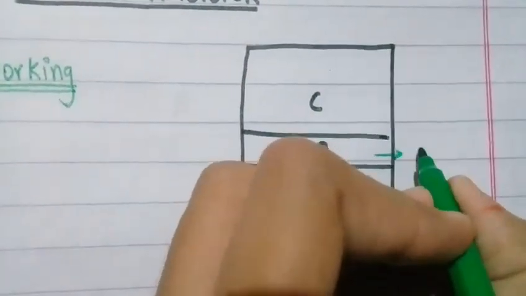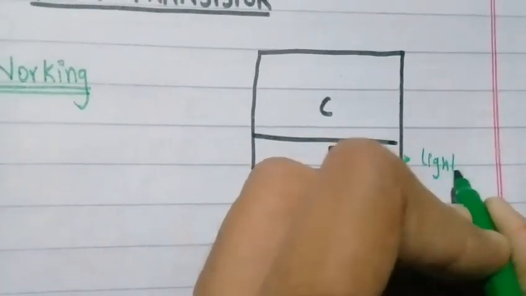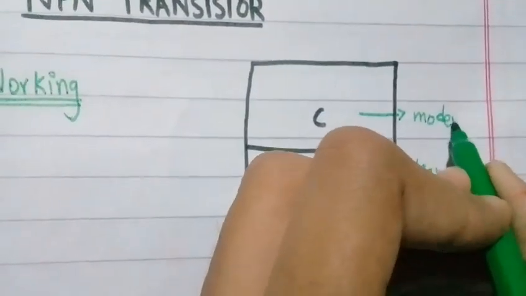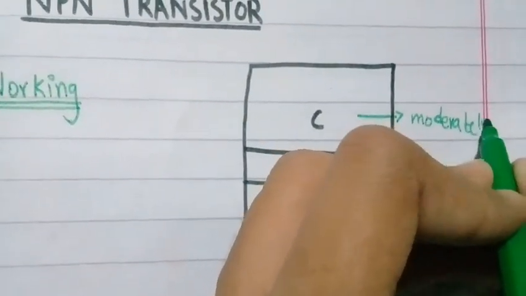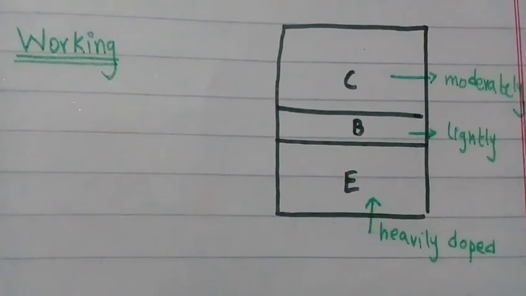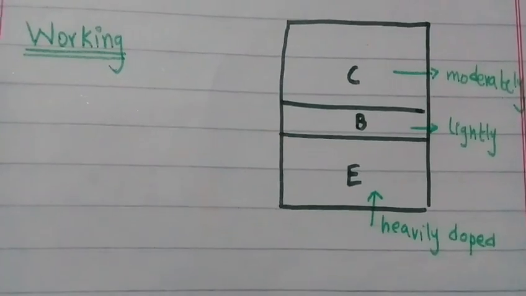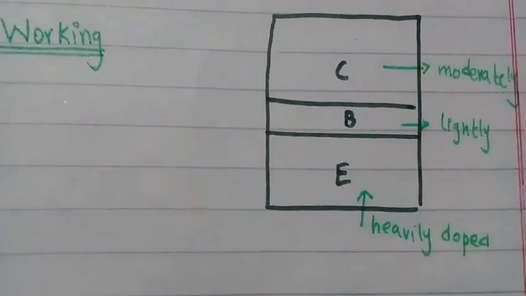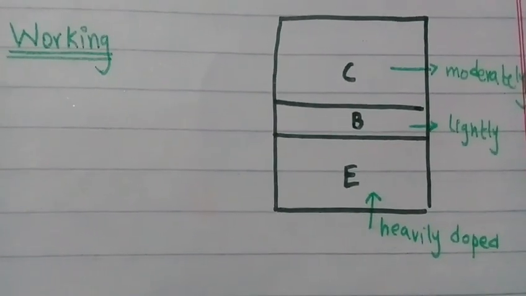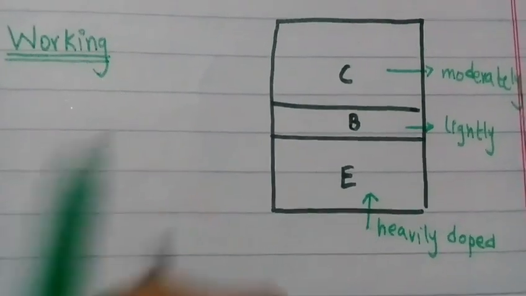Similarly, the base area will be lightly doped and the collector area will be moderately doped. Doping means adding impurities in that area. So a medium number of impurities are added in the collector, a small number of impurities in the base terminal, and heavy impurities are added in the emitter terminal.